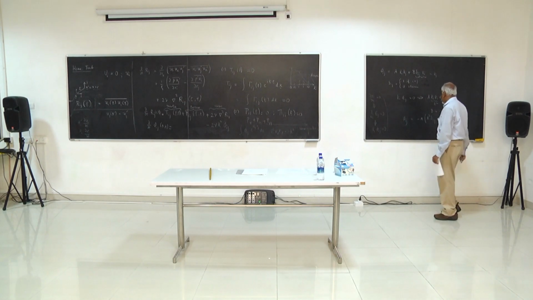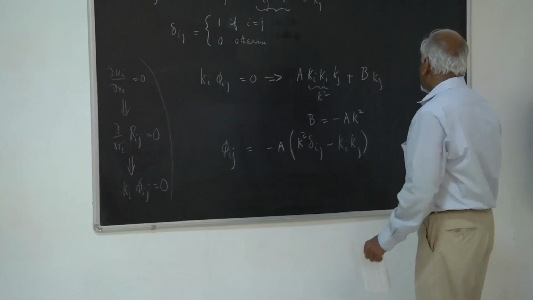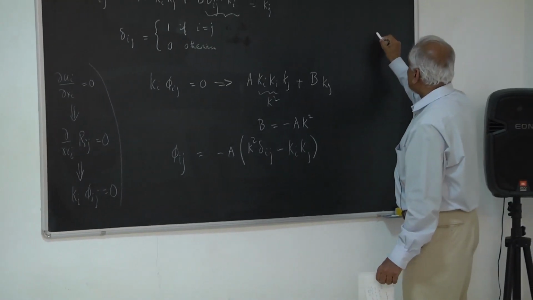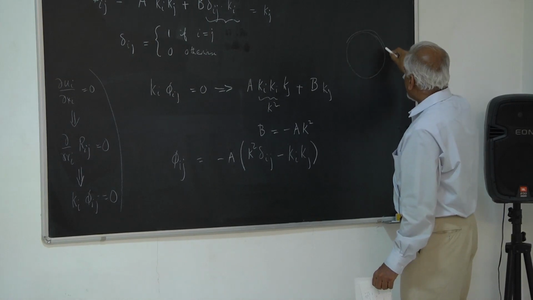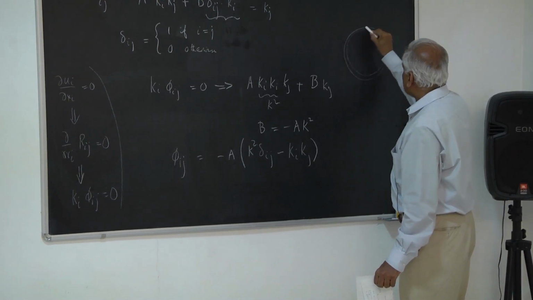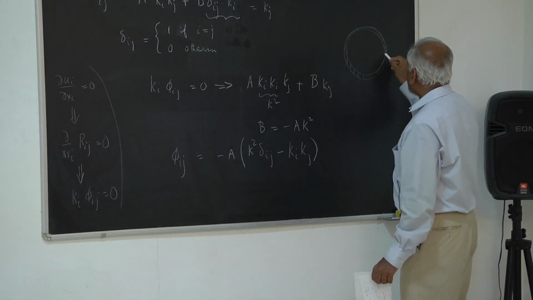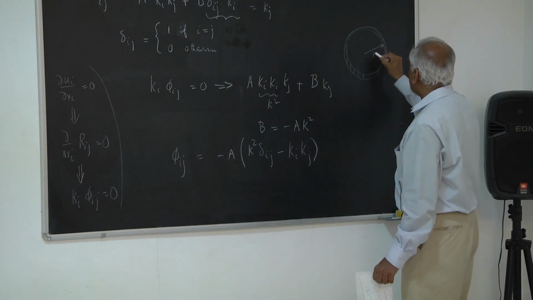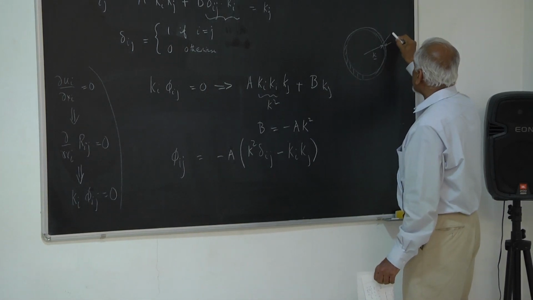And usually what is done is, in the wave number space, let's imagine a little sphere at wave number k, and then a spherical shell whose thickness is dk.